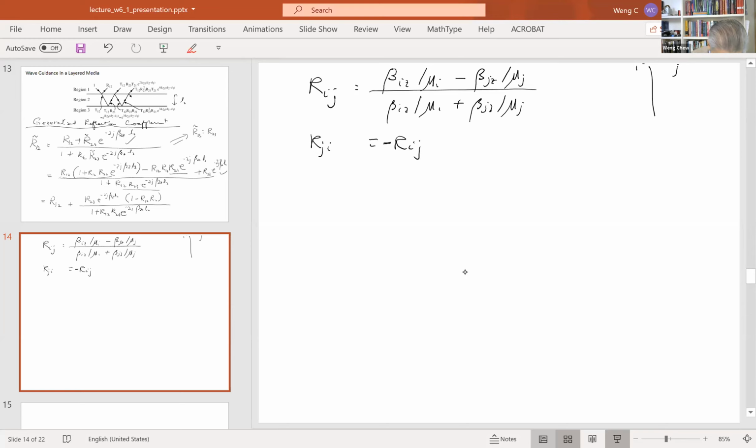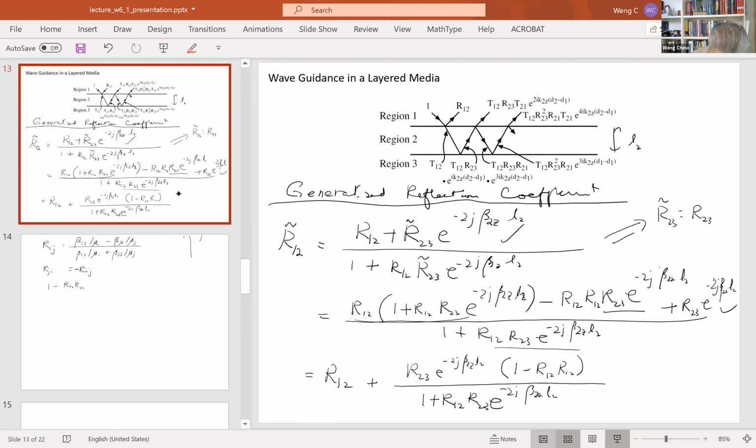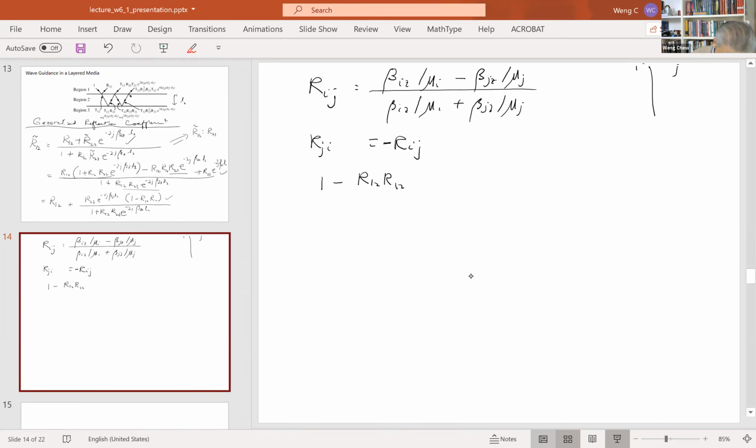Okay, it just changes sign. So I can actually write one minus R12, which is this factor I have there. This factor I have there is equal to 1 minus R12 squared, which is 1 plus R12 times 1 minus R12.